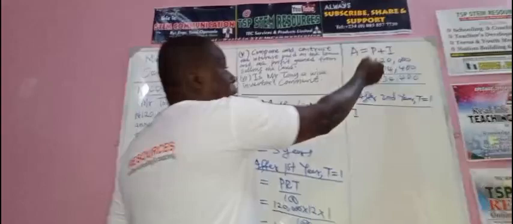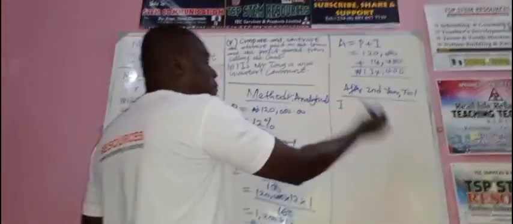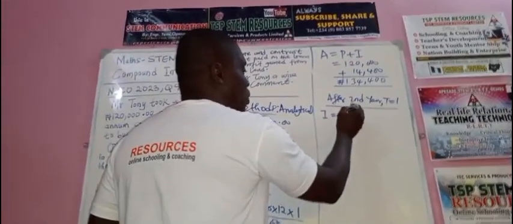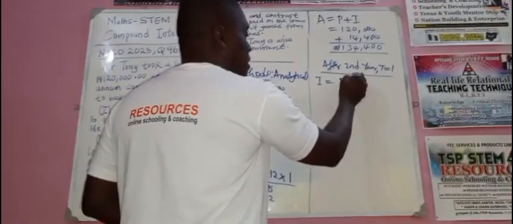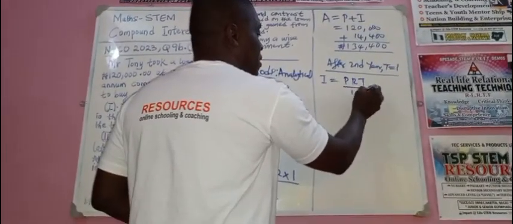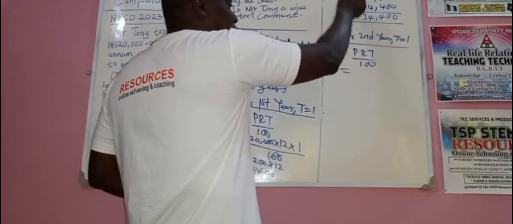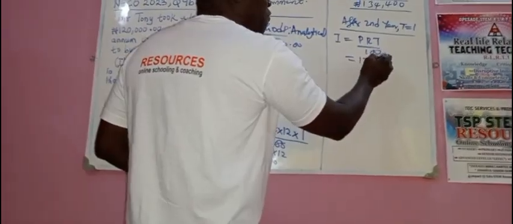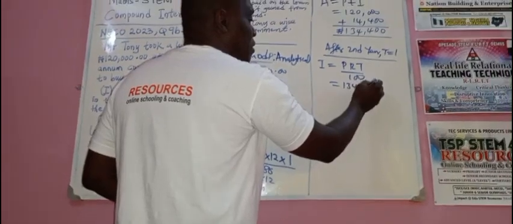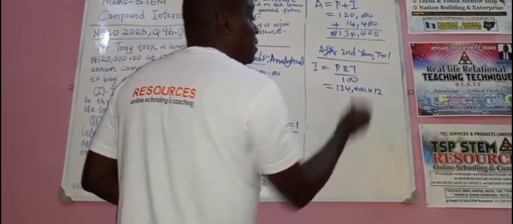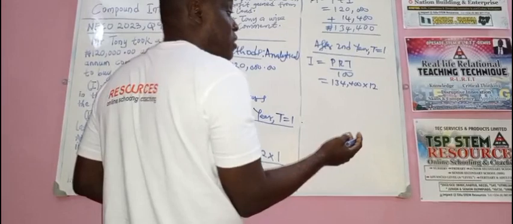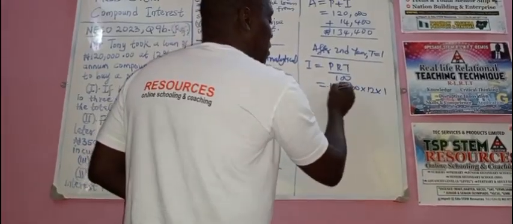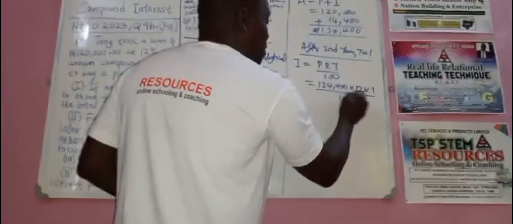So we have this amount at the end of the first year become the principal in the second year. So we have principal times rate times time over 100. The amount at the end of the first year now becomes the principal in the second year. So we have 134,400 times the same rate. The rate has not changed. Then times 1 divided by 100.